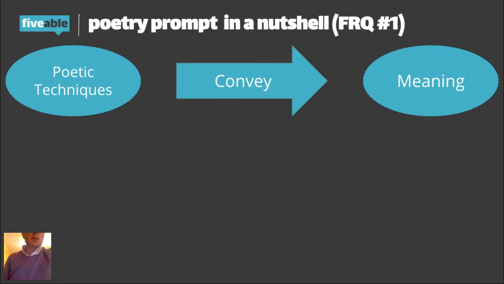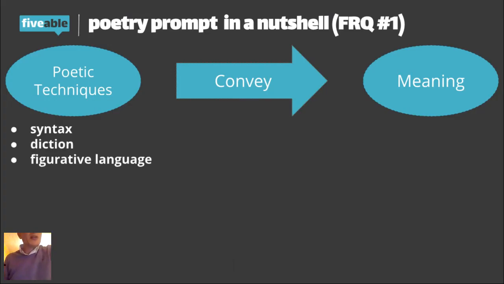And in this particular prompt, poetic techniques is called literary techniques. And the ones listed here, now remember, they list ones we do not need to use, are syntax, diction, and figurative language. Those were the ones that were listed off, techniques such as syntax, diction, and figurative language.